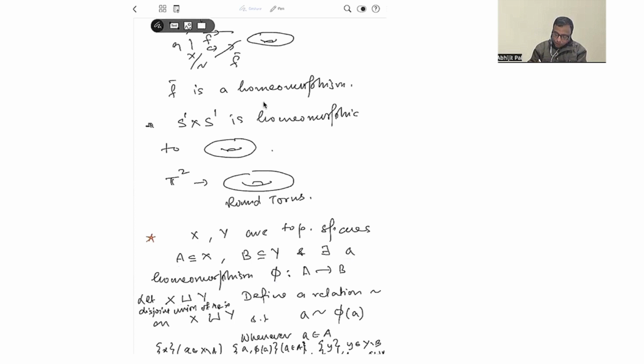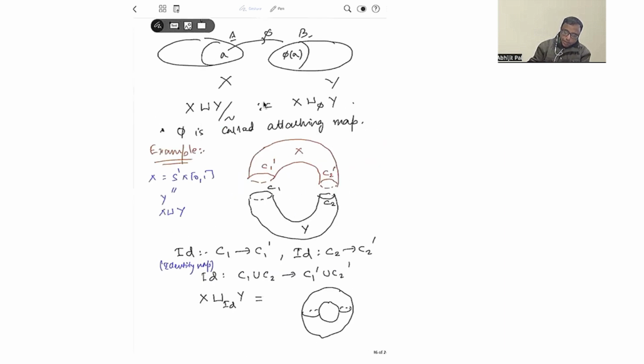On this disjoint union, define a relation: a is related to phi(a). That is my relation, and now you take the quotient space.